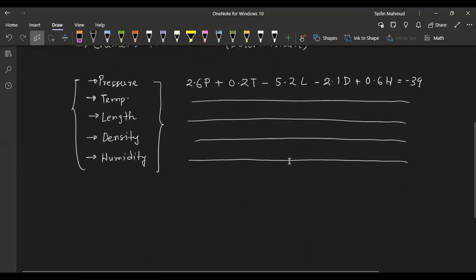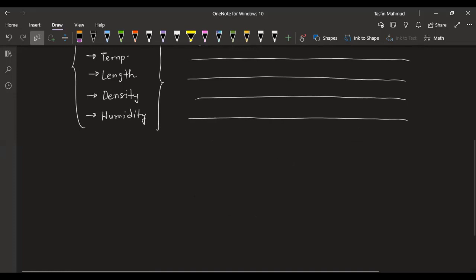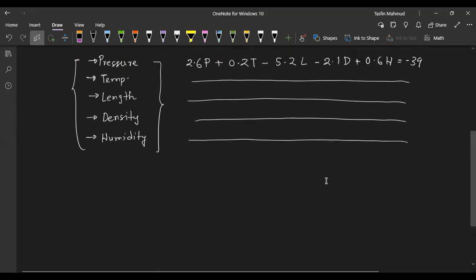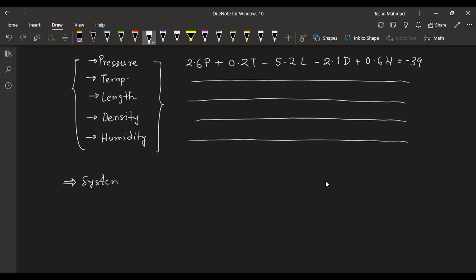Okay, so I guess we have got an idea what we're actually going to do, or what we want. So the bottom line is, whenever the system becomes larger, means more unknowns, then we move on to the numerical techniques.